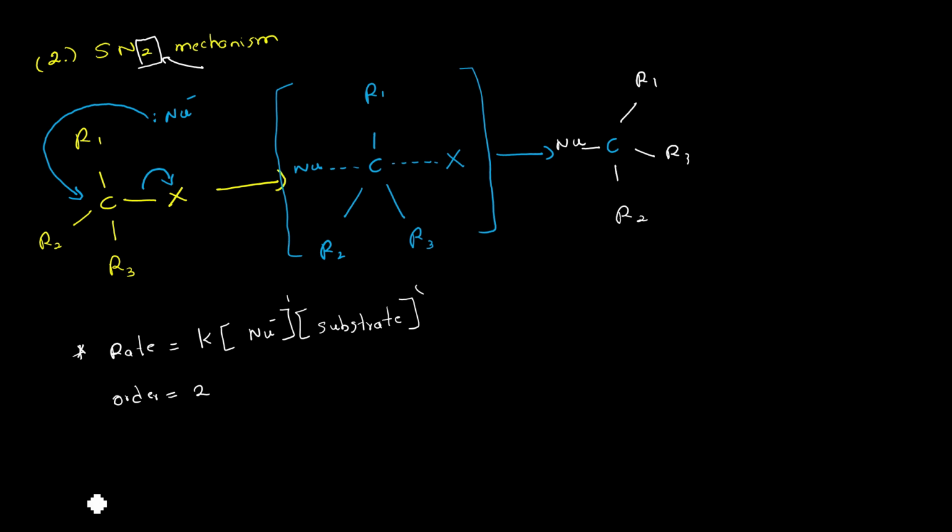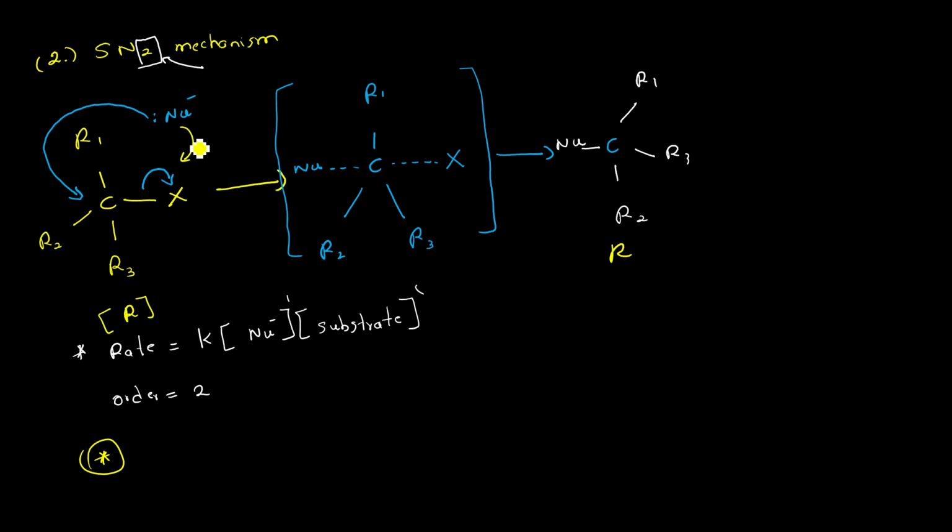And let's look at the configuration. What about the configuration? Let's say this is R. If I ask you, can this compound be R? No, right? Because for the nucleophile, there's only one way to attack. This nucleophile cannot attack from here because there's a leaving group, and this leaving group contains an electron cloud.